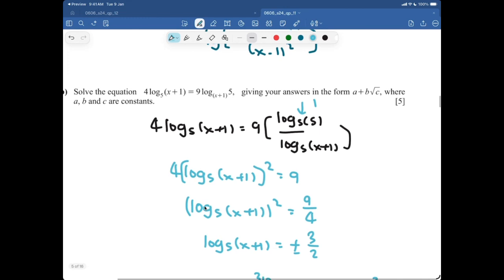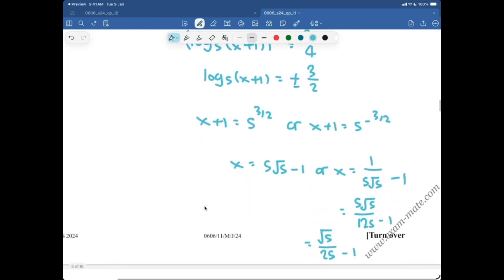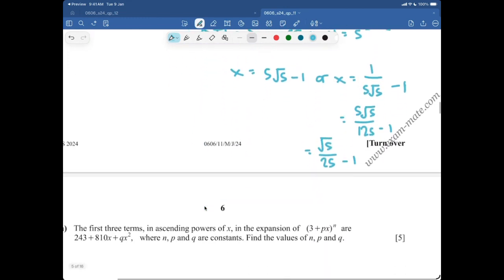It only said that a, b, and c are constants, so it does not say that it has to be an integer, so I guess this solution could be correct.